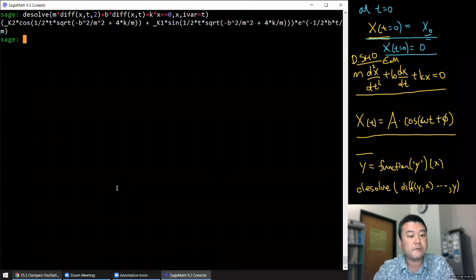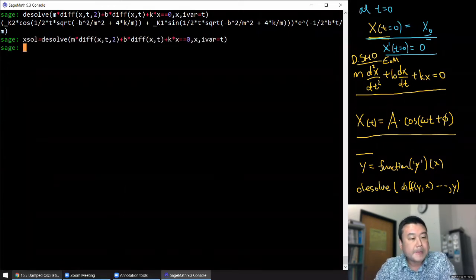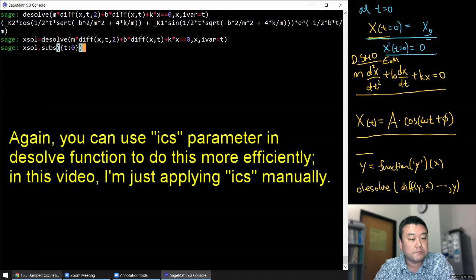So let me put this as my solution, and x solution at t equals 0, I want to say that's equal to x naught. Yeah, so k2 is x naught, good.